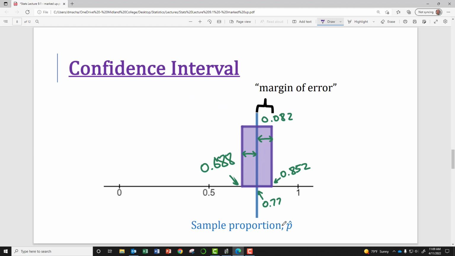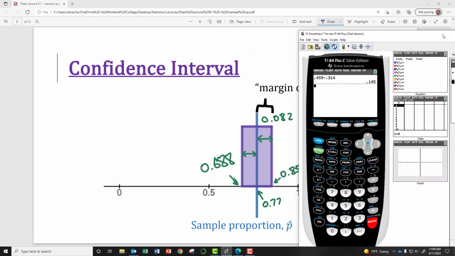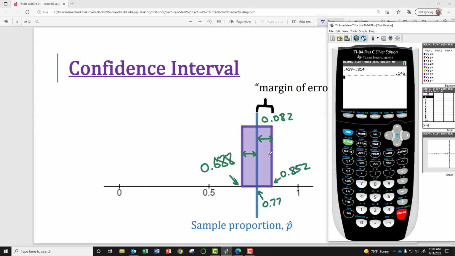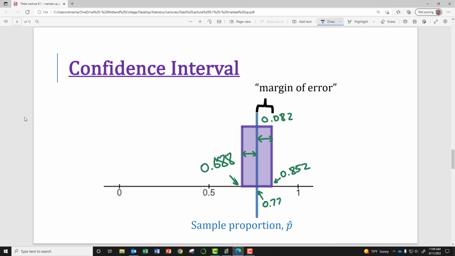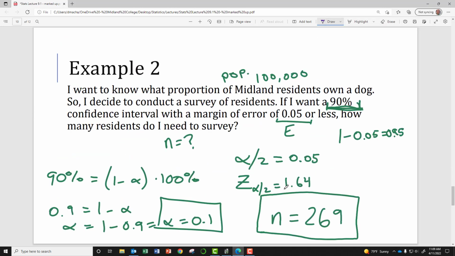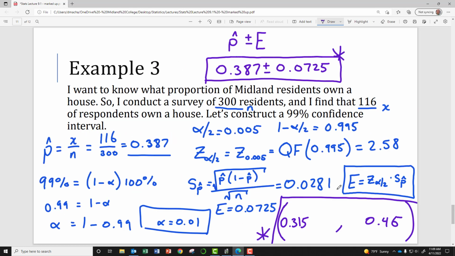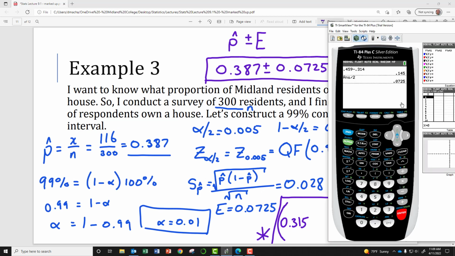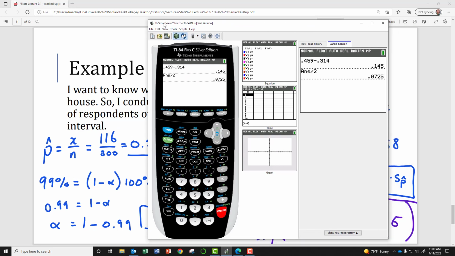So we're looking at this picture. Your sample proportion lies in between your upper bound and your lower bound. So that means you have 2 margins of error for the entire width of your confidence interval. So we do upper bound minus lower bound, and then we divide that difference by 2, and we find that my margin of error should be 0.0725, which for our example at the end, my margin of error was 0.0725, and so it looks like we got the right answer both ways.